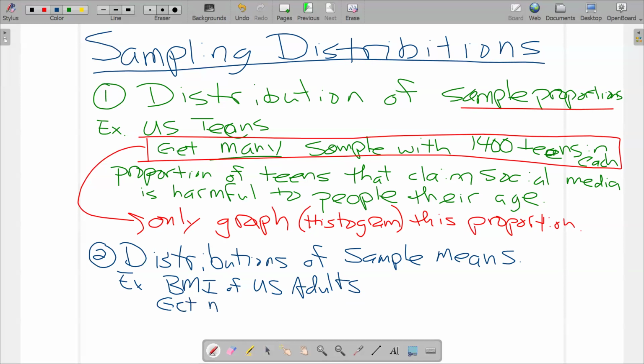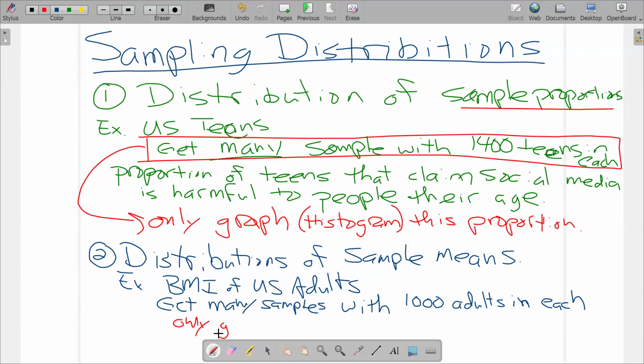So I would then get many samples with, let's say I'm going to choose 1,000 adults for each sample. And then again, I'm only going to graph, that is, make a histogram, the means.